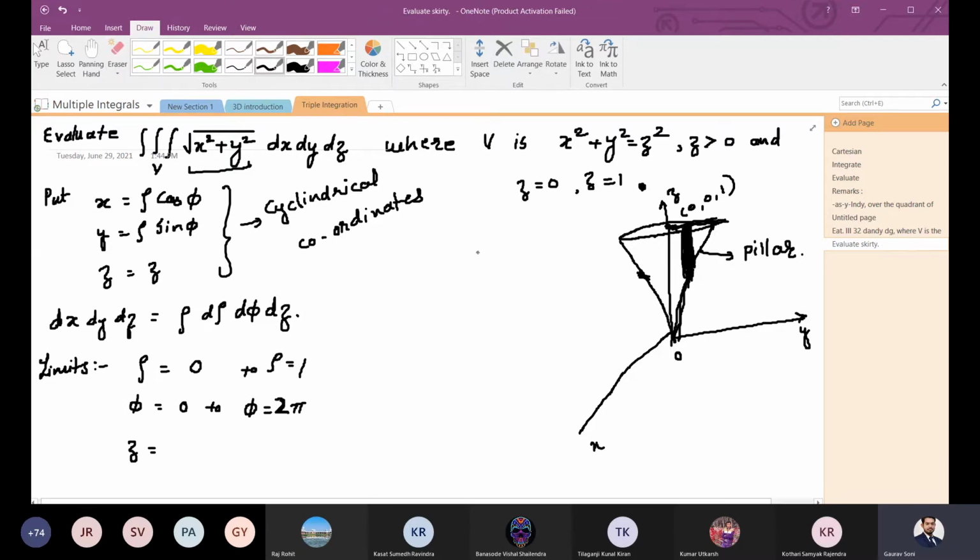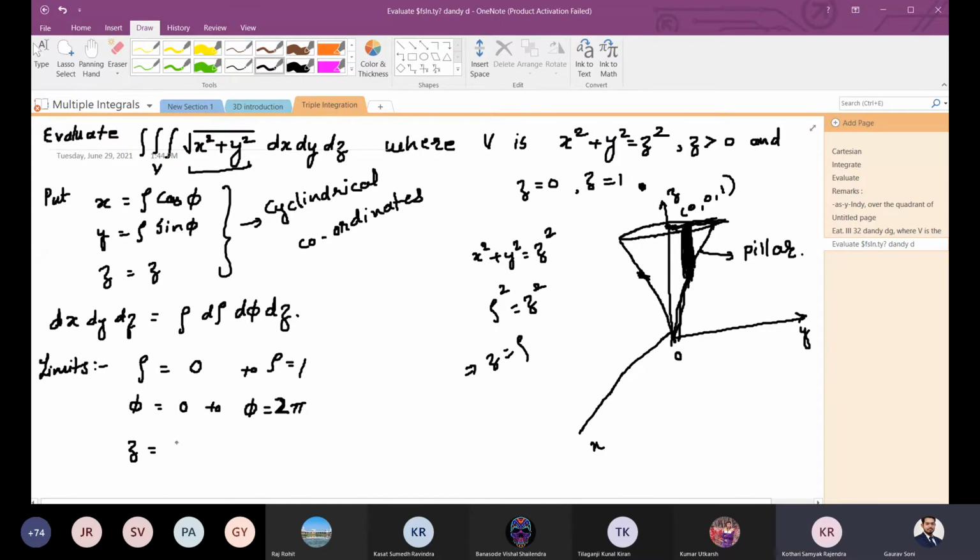So I have x square plus y square equal to z square. I will put x equal to rho cos phi, y equal to rho sin phi. So this will be rho square equal to z square. So this gives me z equal to rho. What is the lower end of your pillar? It is on the cone.